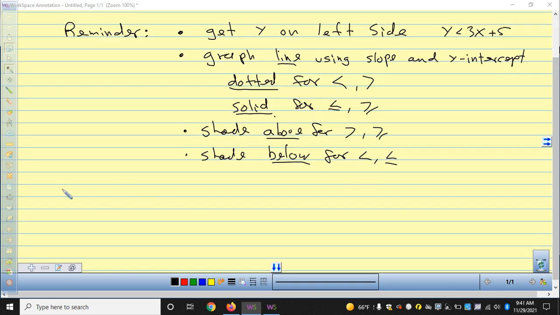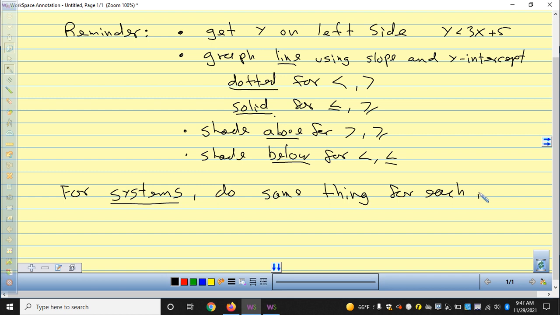Now for systems, and by system we mean two or more inequalities, we do the same thing for each inequality. So that means we graph two lines or three lines following these rules, shade above, shade below.